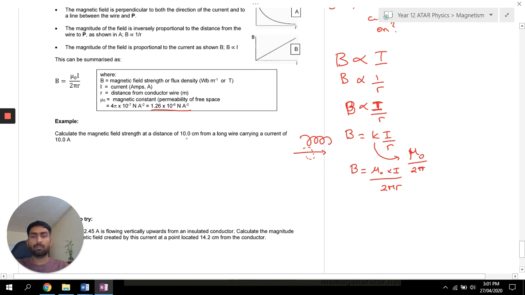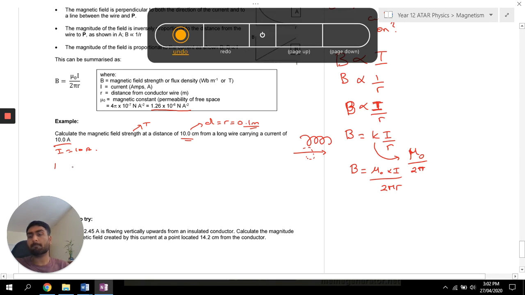All right, so let's do an example. Calculate the magnetic field strength in Teslas at a distance of 10 centimeters from a long wire carrying a current of 10 amps. The first thing I see is the distance, or the radius, is 0.1 meters. These are SI units, and the current is 10 amps. I'm going to indicate this for the examiner straight away.